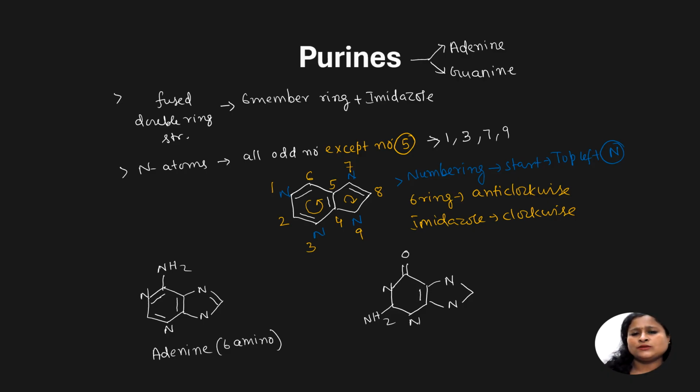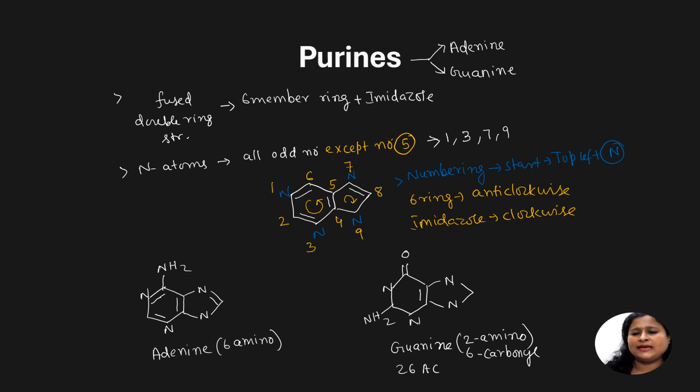So guanine becomes 2 amino 6 carbonyl. You can remember it as 26 AC.